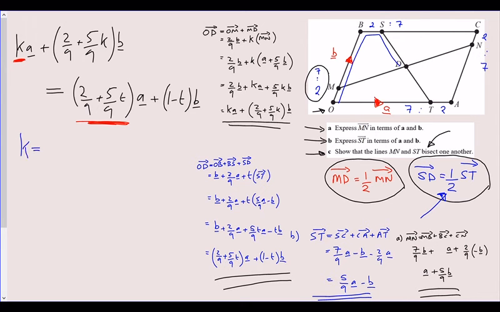So K must be equal to 2 over 9 plus 5 over 9 t, and on here I've got this expression for B and this expression for B. So 2 over 9 plus 5 over 9k is equal to 1 minus t b. Don't need that. I'm just interested in the coefficients. I've got two equations there. Now I need to try and solve them simultaneously.